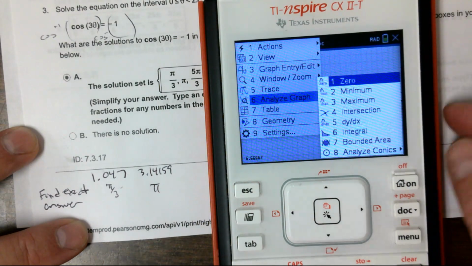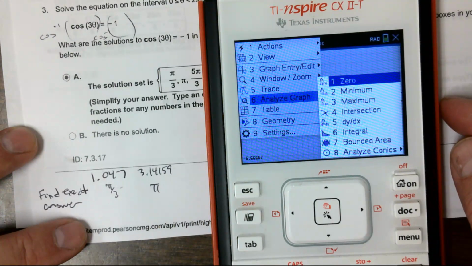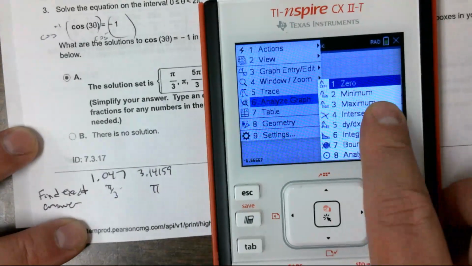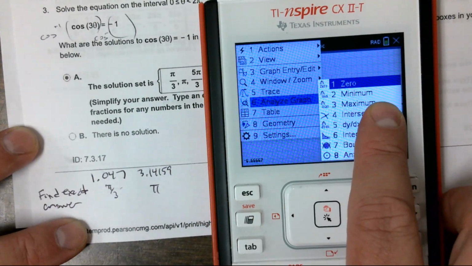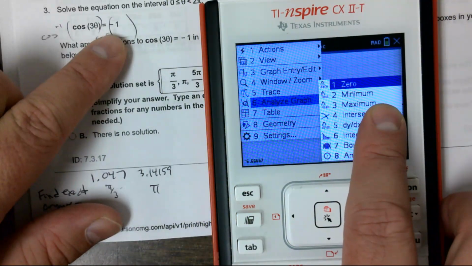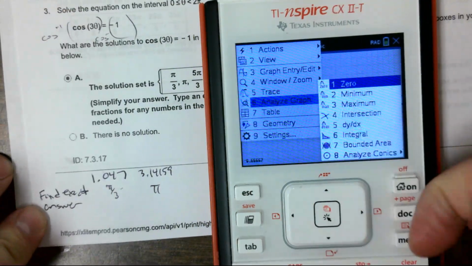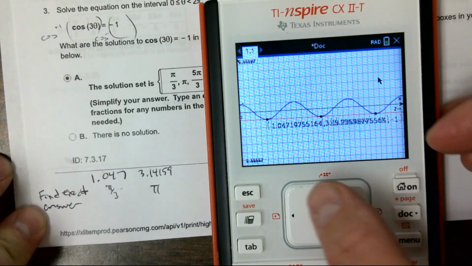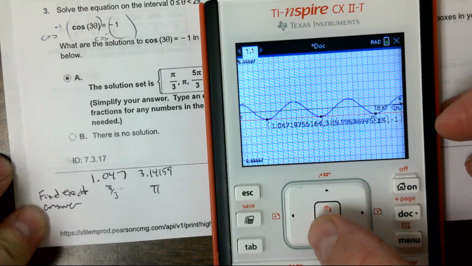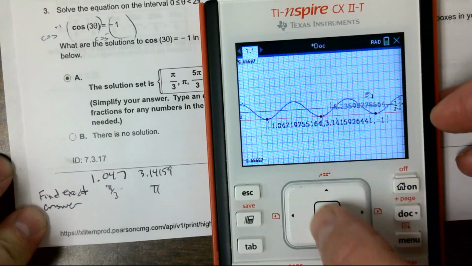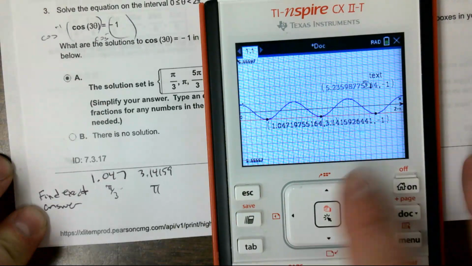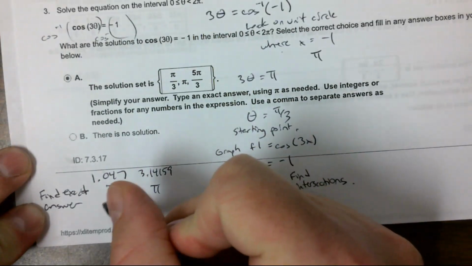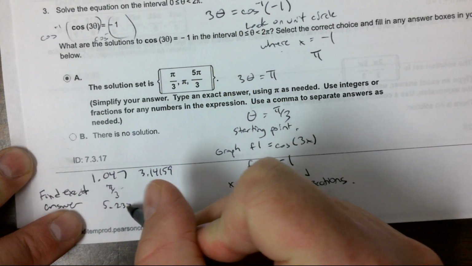Now technically on this problem, if I wanted to, I could do minimum, but it's not worth it because I don't want to set you up for failure. -1 just so happens to be our minimum, but you can do intersect, and that's right there. Remember, just move your numbers. So we get 5.2359.